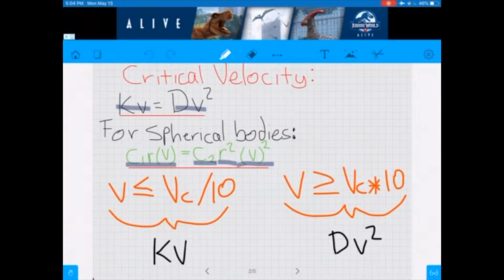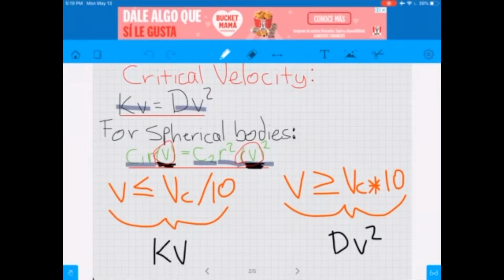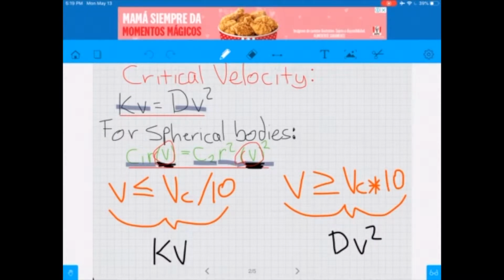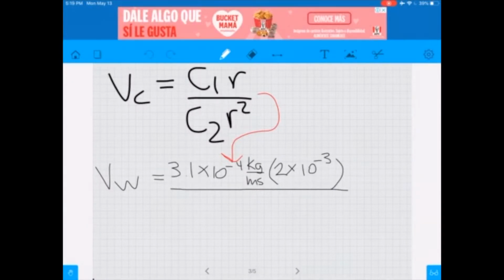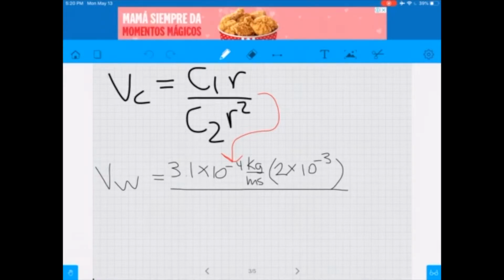10. So now that we've understood critical velocity, we can solve for both v's circled in red. Those v's are the critical velocity. If we solve for them, we have c1 times radius over c2 times radius squared. So first, let's find our critical velocity for the water drop.